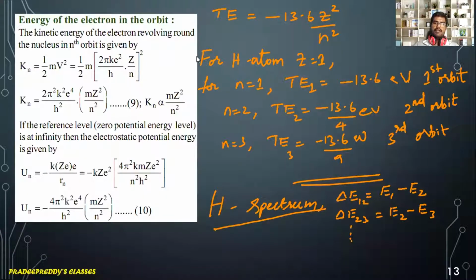This is the way, due to electron transition from one energy level to another, each electron undergoing transition gives out radiation in terms of h nu.